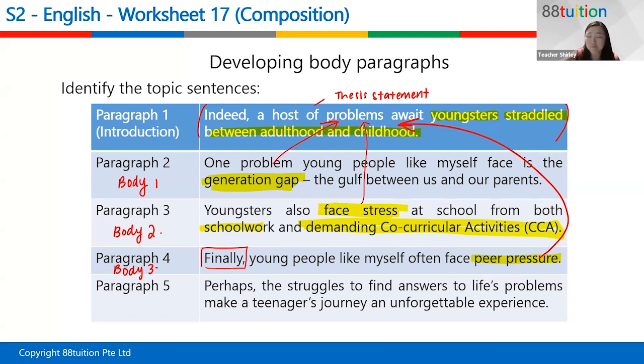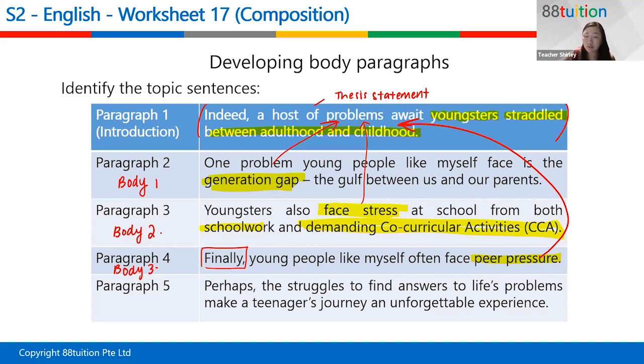Now let's take a look at paragraph 5. Paragraph 5 says, perhaps the struggles to find answers to life's problems make a teenager's journey an unforgettable experience. So in this case, the struggles to find answers, this one is more like a summary.